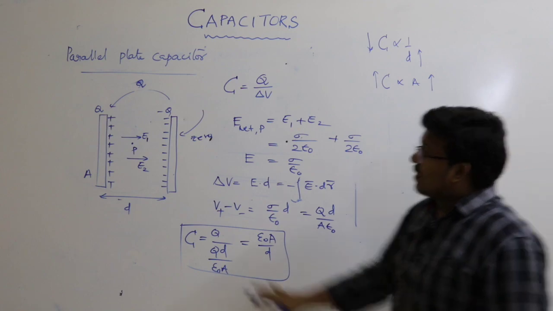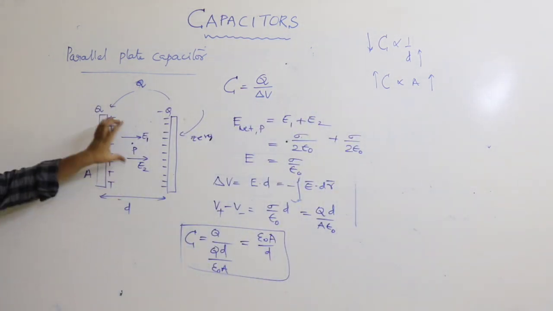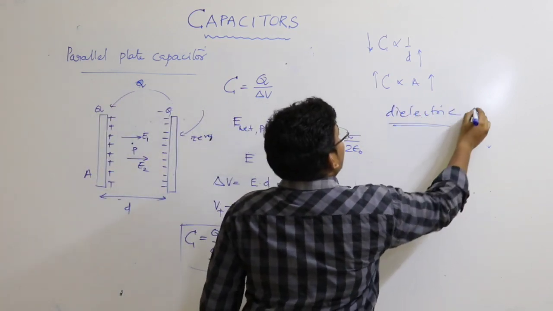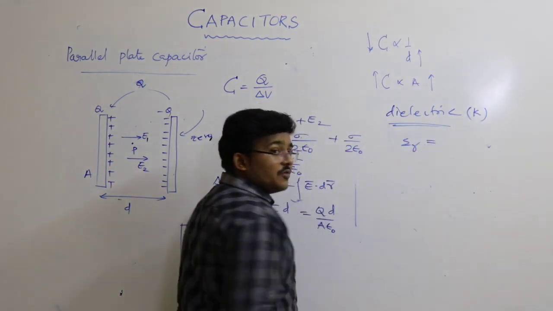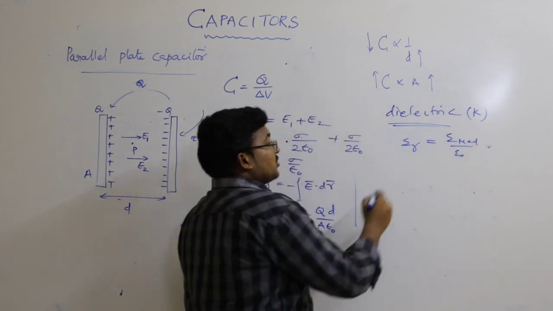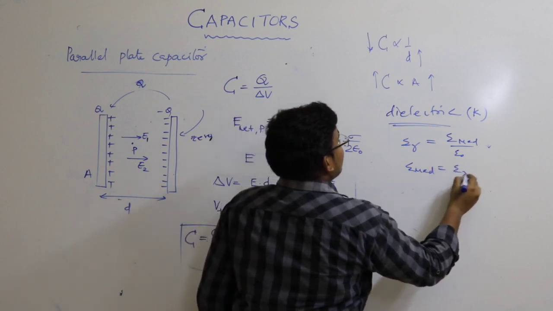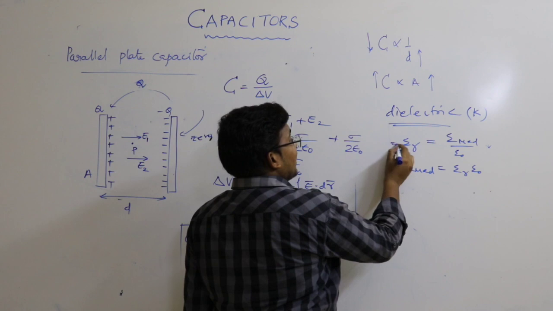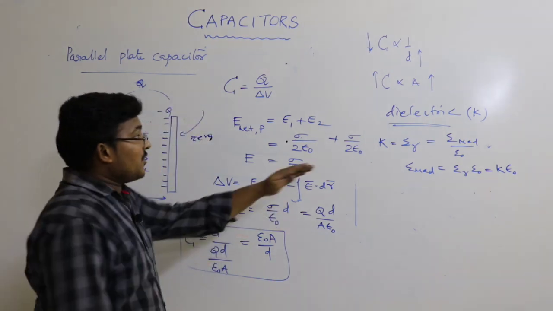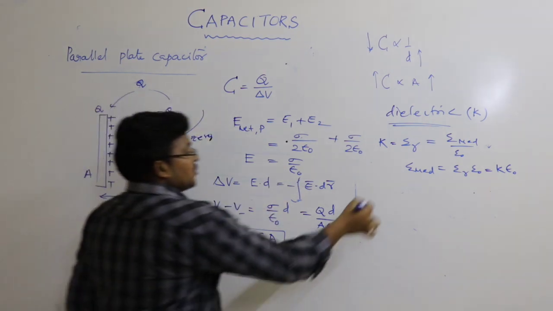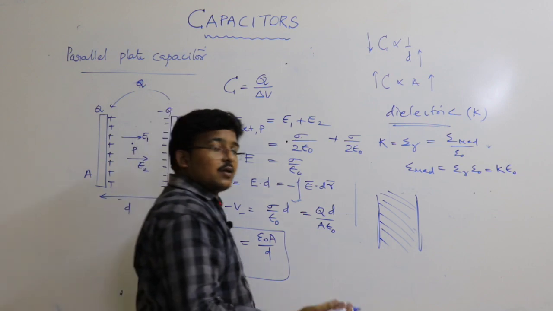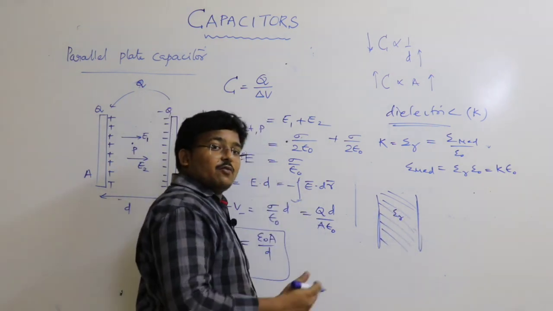Now, here air, free space, is taken. If you keep a dielectric material of dielectric constant K, which is the relative permittivity, then from electrostatics, relative permittivity is epsilon medium by epsilon naught. So epsilon medium is equal to epsilon r into epsilon naught. Epsilon r is also called K, the dielectric constant. Now if I insert some material of epsilon r between the plates, rather than vacuum or free space air, what happens to the capacitance?